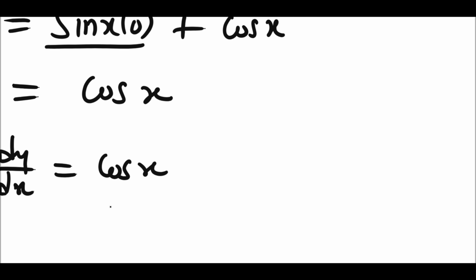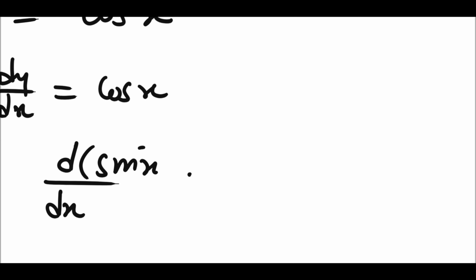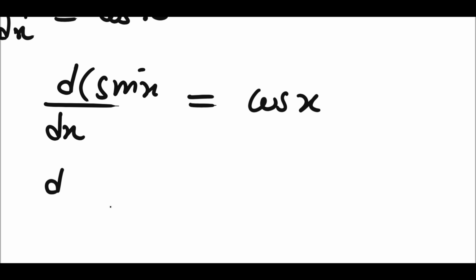So we can conclude that whenever you differentiate sine x with respect to x, you are going to get cos x. But suppose you have sine theta and differentiate with respect to theta, there's no way you bring x in again.